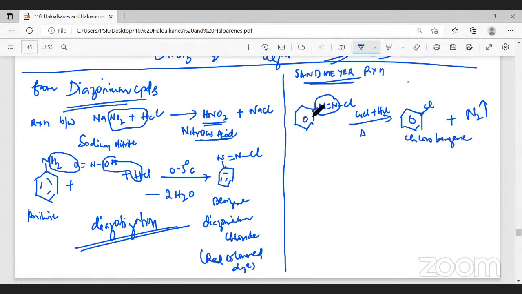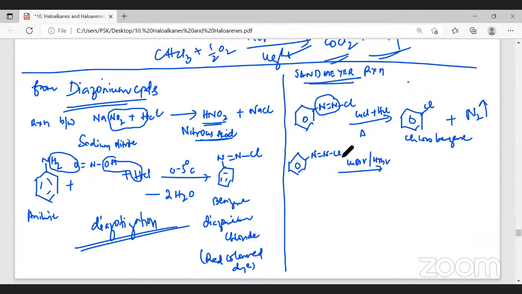Now, similarly, all these reactions are Sandmeyer reactions. If you take benzene diazonium chloride and treat it with cuprous bromide and hydrogen bromide, the 2 nitrogens get eliminated as nitrogen gas.